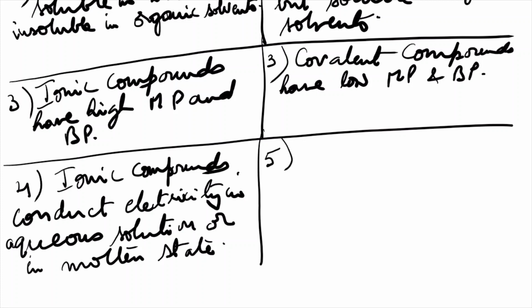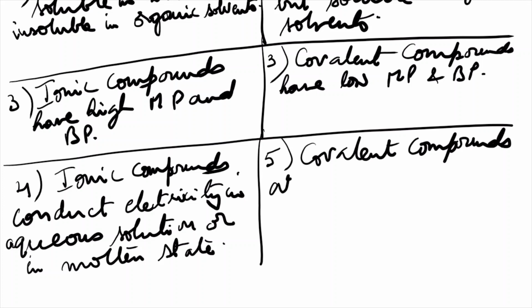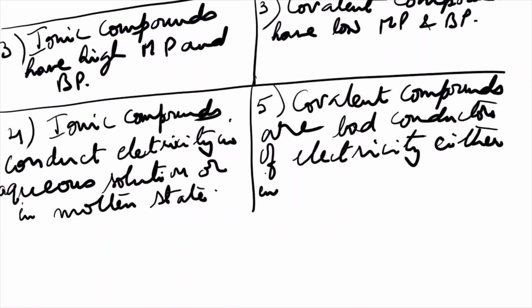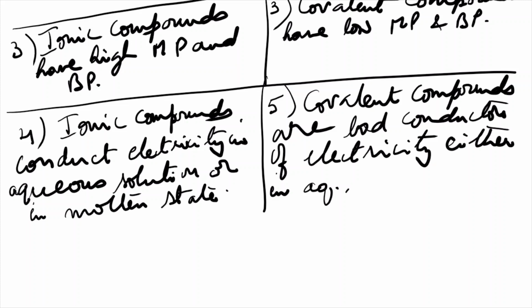So, covalent compounds are bad conductors of electricity either in aqueous solution or in molten state.